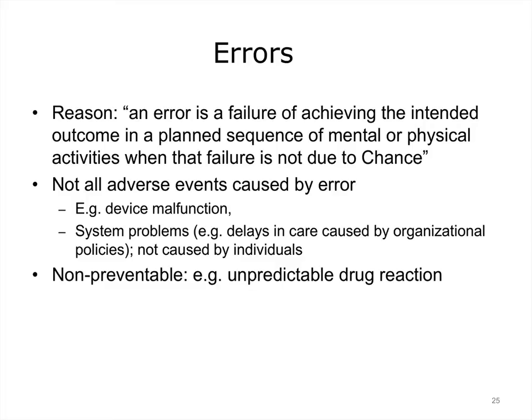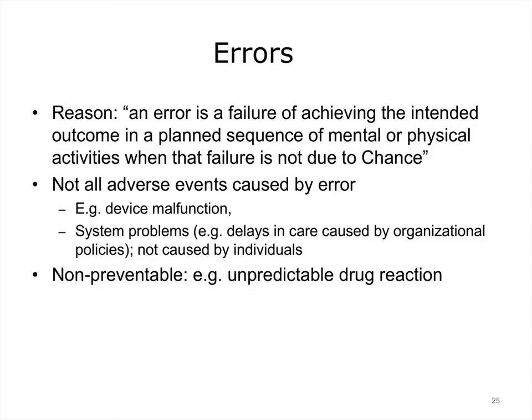Reason defines an error as the failure of achieving the intended outcome in a planned sequence of mental or physical activities when that failure is not due to chance. Not all adverse events are caused by error. For example, devices can malfunction.